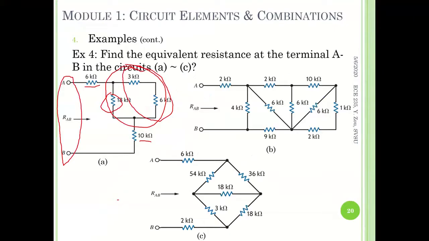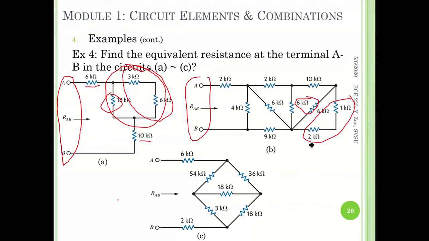And to go back to circuit B here, again, we follow the order from the end of the circuit to the beginning of the circuit, and the end of the circuit is obviously here. Another clear series connection between 1K and 2K. After this, you can see a clear parallel between this 6K and this 1K, 2K.